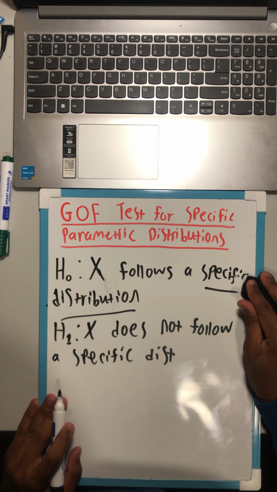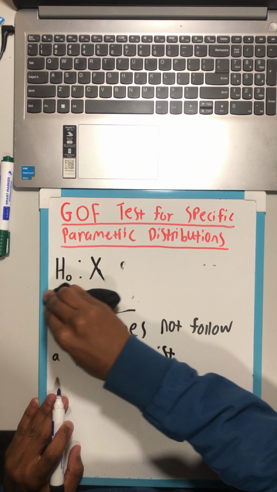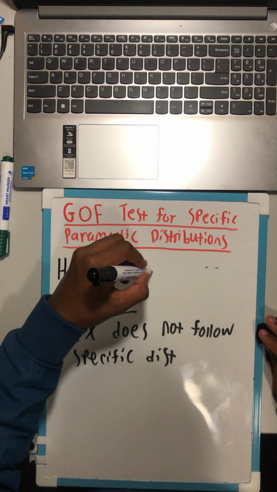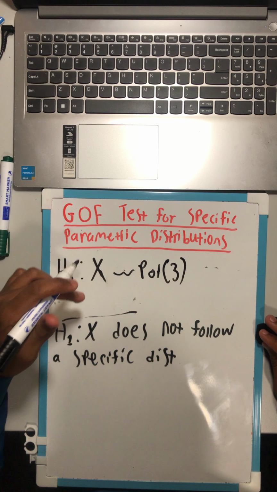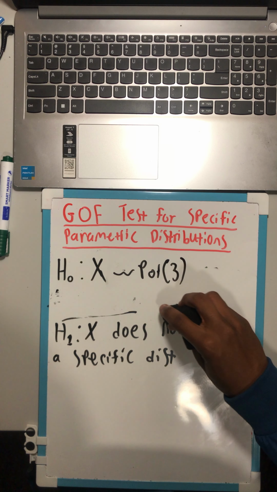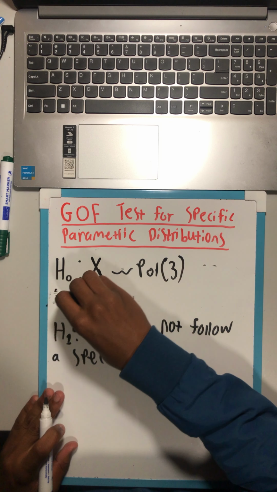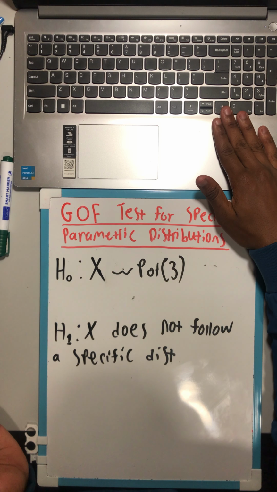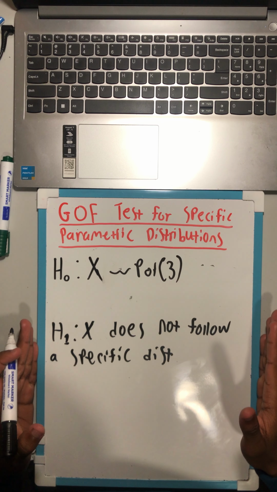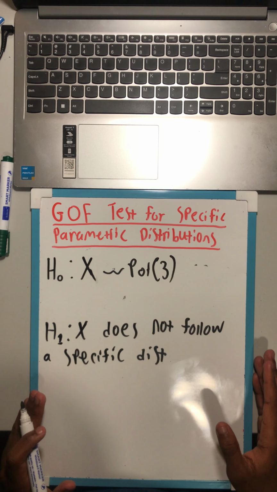For H naught, you say x follows a Poisson distribution with a mean of 3. Then for your alternative hypothesis, x does not follow a Poisson distribution. And that is it. I will end this live video and then do an example.